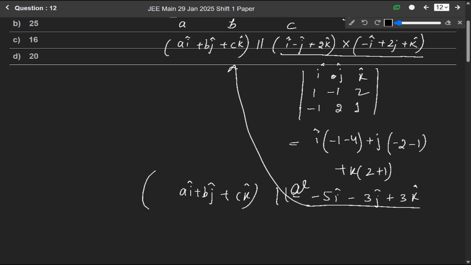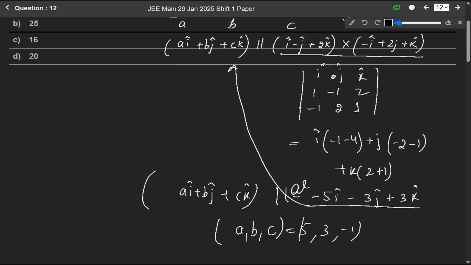So again, when we solve this, we get A, B, C as 5, 3 and minus 1. This will be 1, and this will be 2 to the 4 plus j.